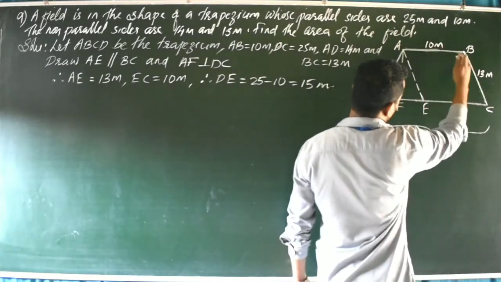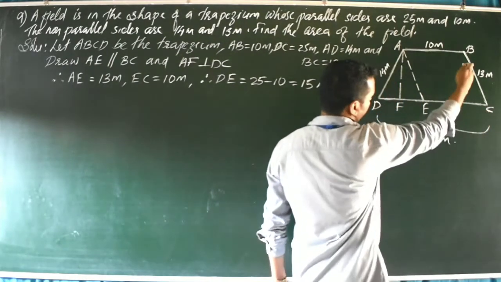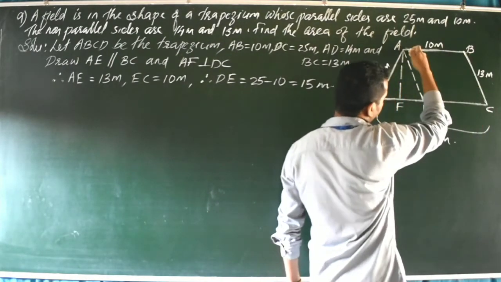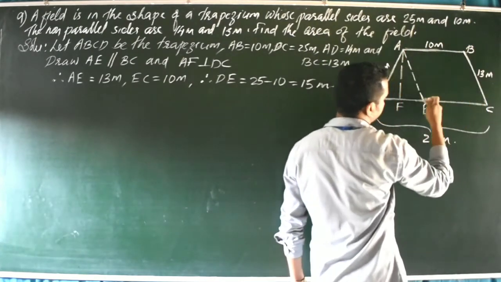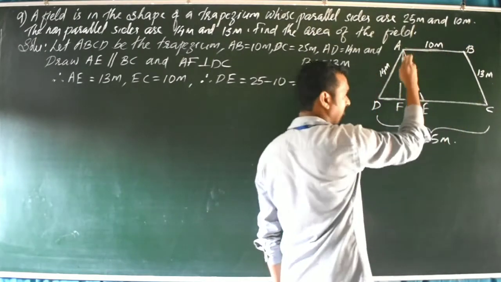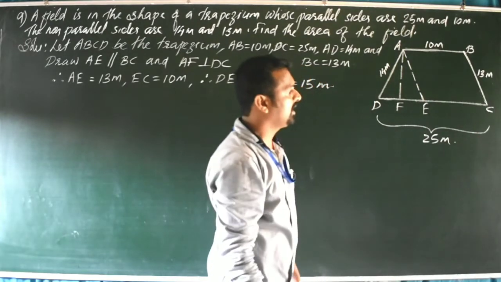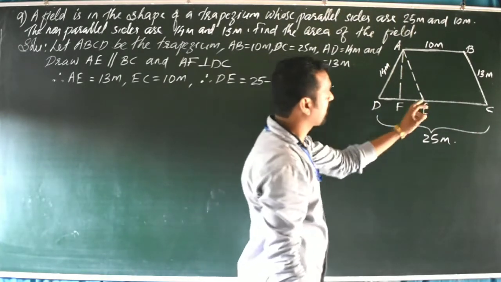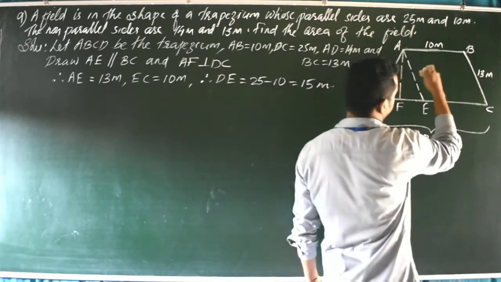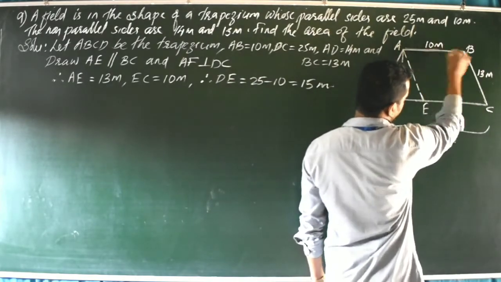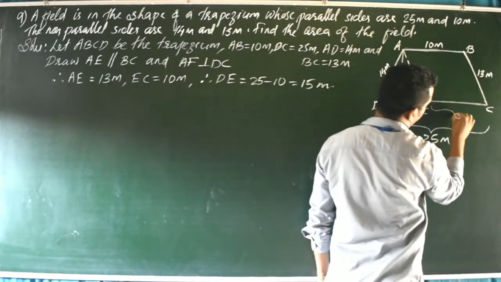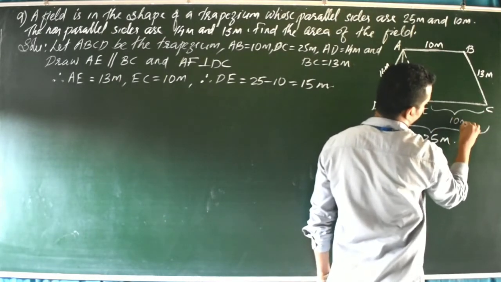Now you see here I have drawn AE parallel to BC. Already AB and DC are parallel, and BC parallel to AE. Therefore ABCE becomes a parallelogram. In a parallelogram opposite sides are equal and parallel. So AB is equal to 10 meter, then EC is equal to 10 meter.